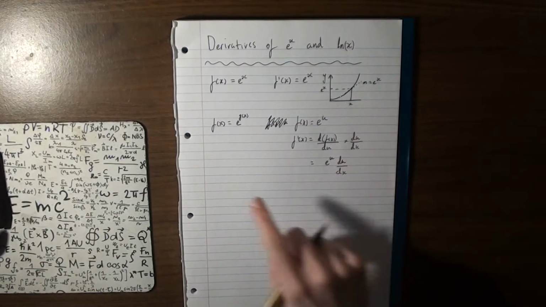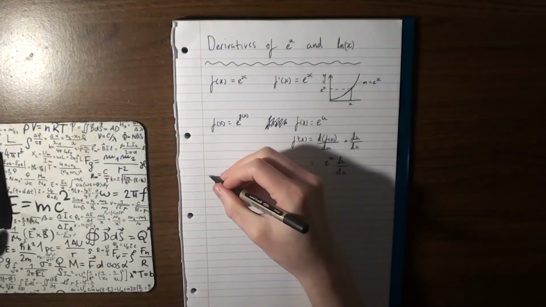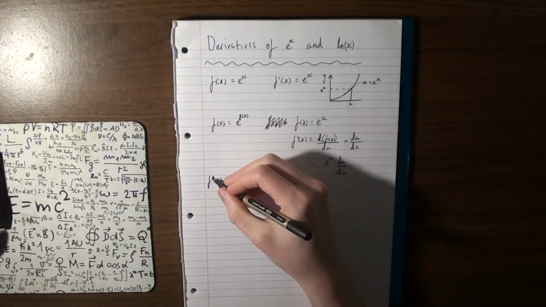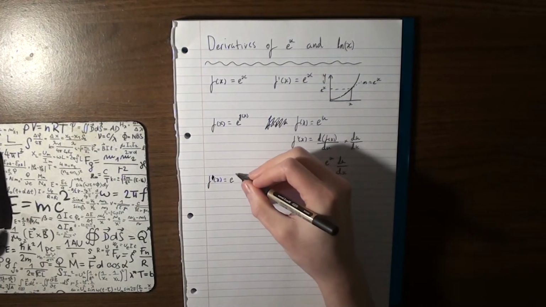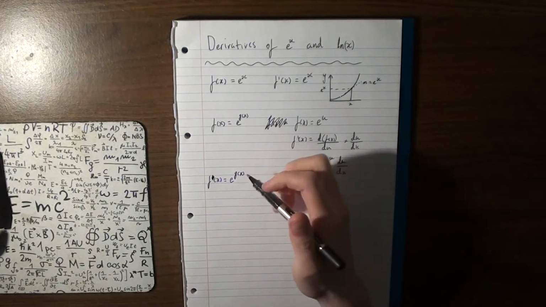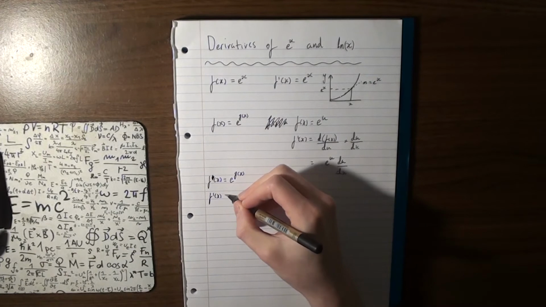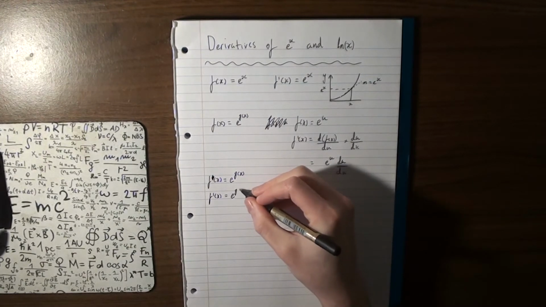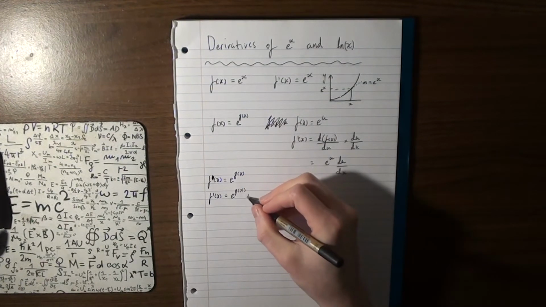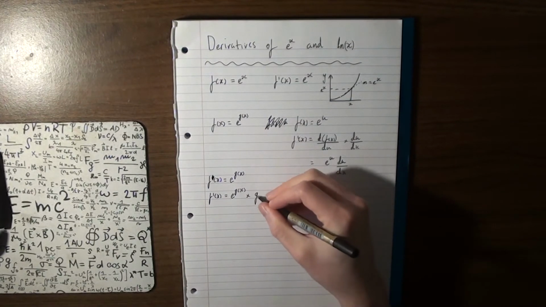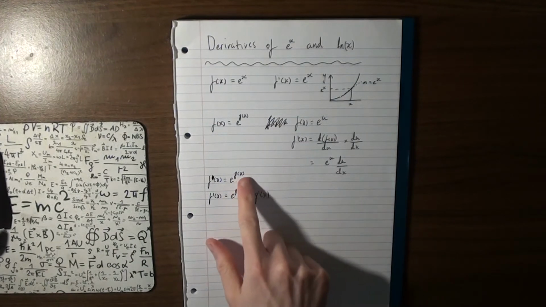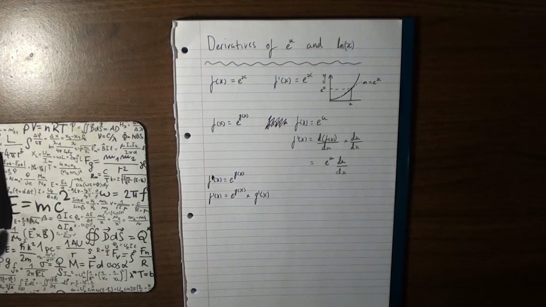Or to translate it to this language, if f of x is equal to e to the g of x, so e to the power of some function of x, then f dashed x is equal to e to the g of x, so this thing stays exactly the same, times g dashed x. So in other words, we just differentiate whatever's in the exponent and multiply it out the front. So that's a general rule.